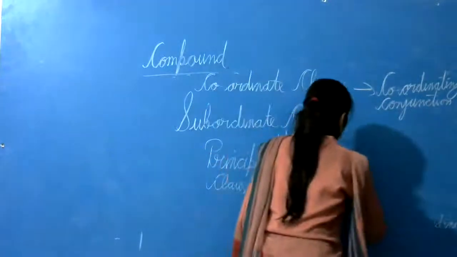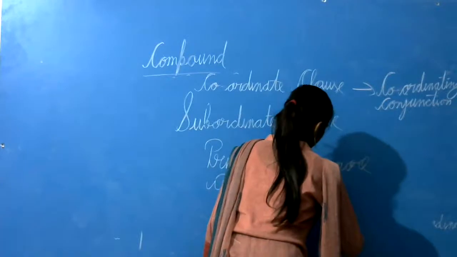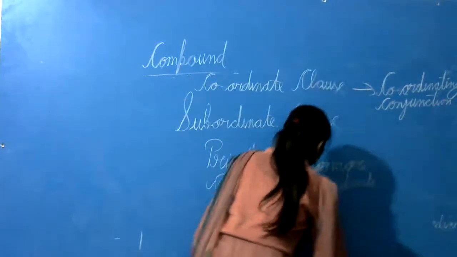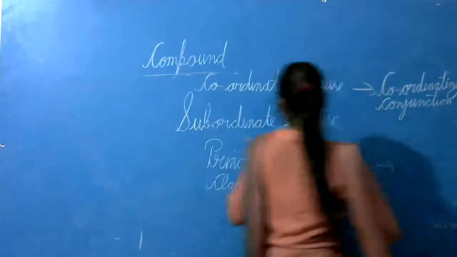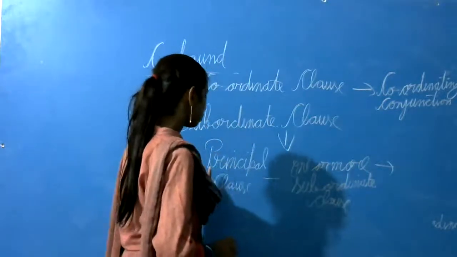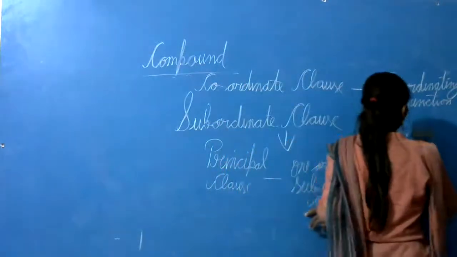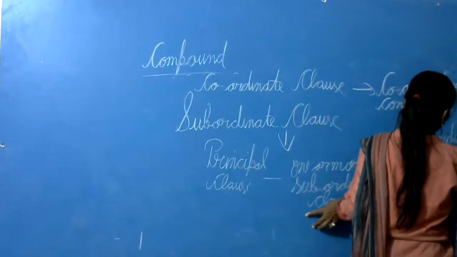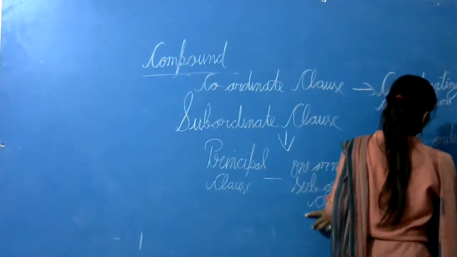One or more subordinate clause. एक भी हो सकता है, एक से ज्यादा. So subordinate clause is made when principal clause is joined with subordinate clause using subordinating conjunction.